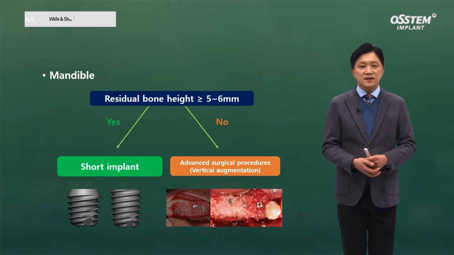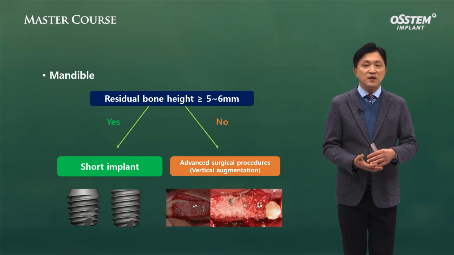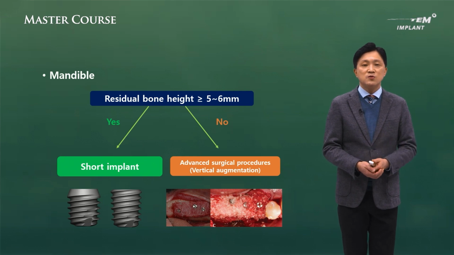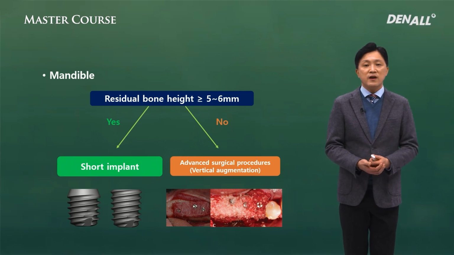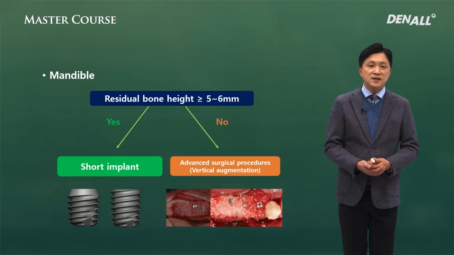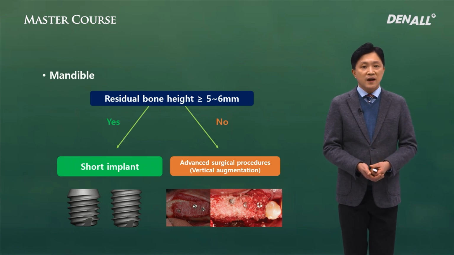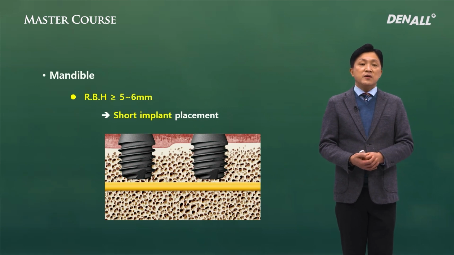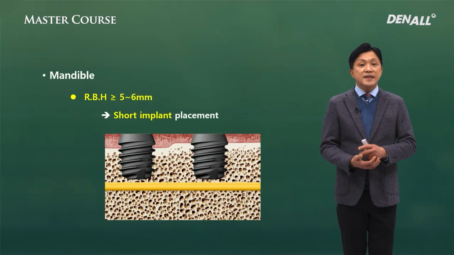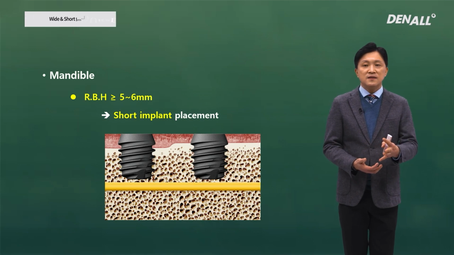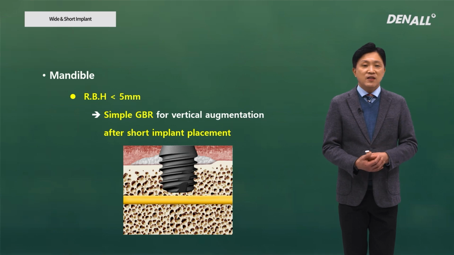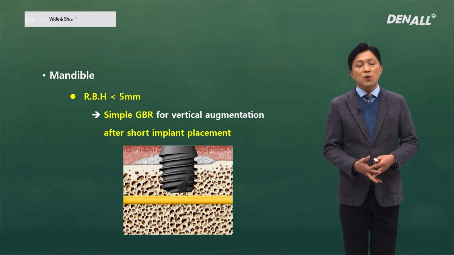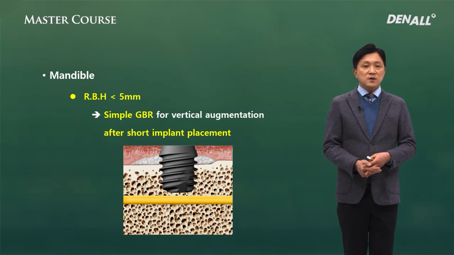If it's less than 5 to 6, then I believe vertical augmentation or other ways to increase bone height need to be done before, or simultaneously with, placing the implant. And for residual bone height, if it's more than 5 to 6 millimeters, then you could use a short implant. But if it's less than 5 millimeters, it could be challenging, and then an ultra short implant could be considered.